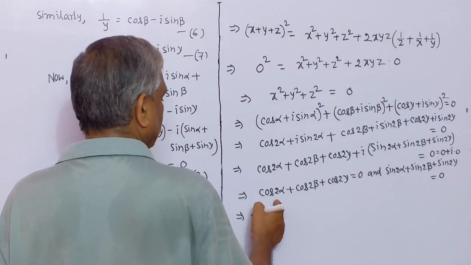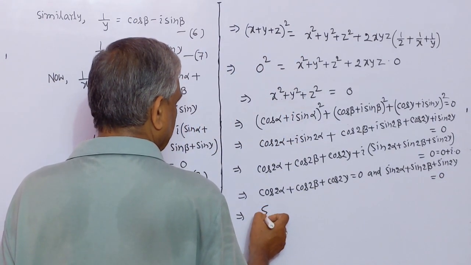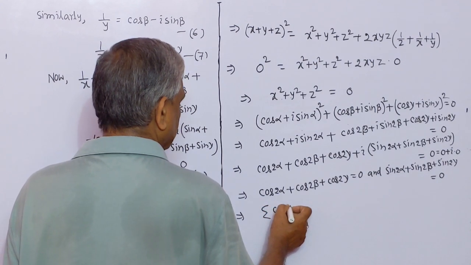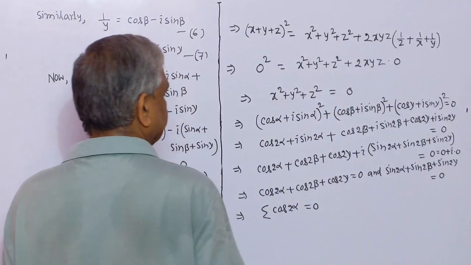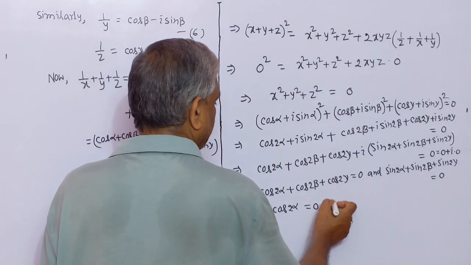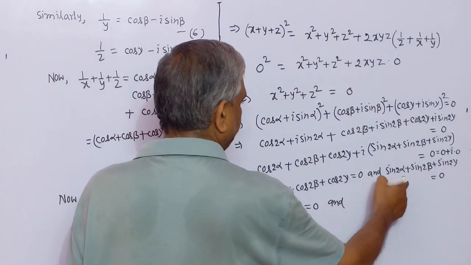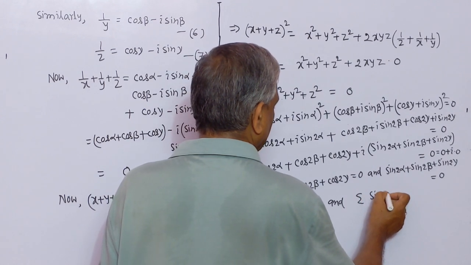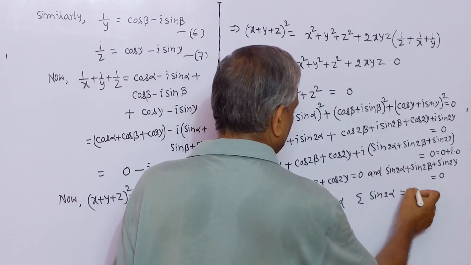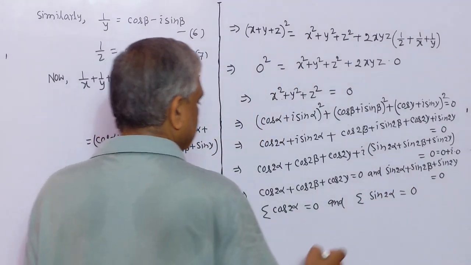We may write in short, this is sigma cos 2 alpha equal to 0, and in short we may write this sigma sin 2 alpha equal to 0. So first part proved.